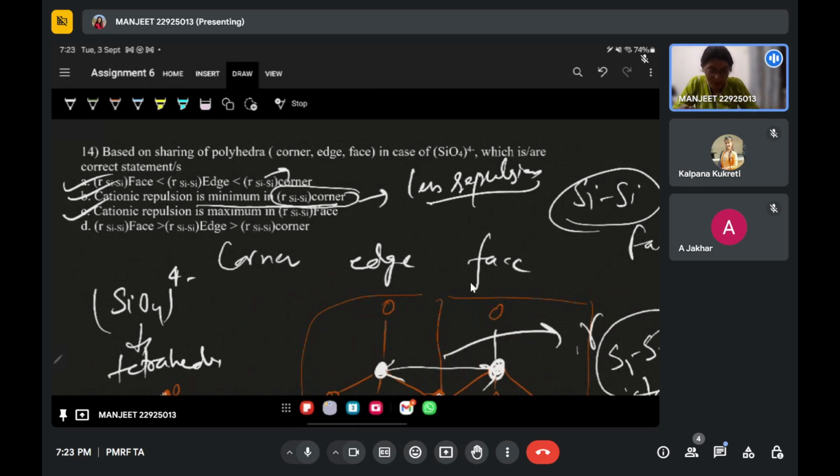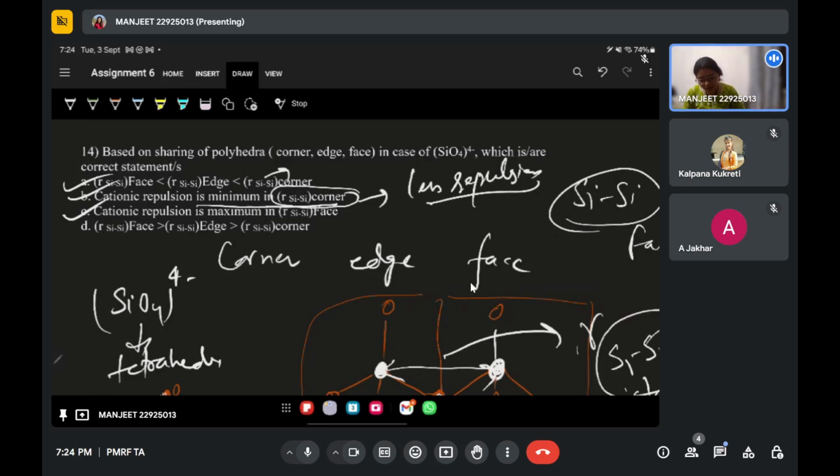The thing is, the distance between the two cations, how far they are: if they are closer, there will be more repulsion. If they are far away, there will be less cationic repulsion. So in the face case they are closer, the distance between the silicon atoms is not that much compared to the corner and the edge one, so the repulsion will be maximum in the case of the face polyhedra.